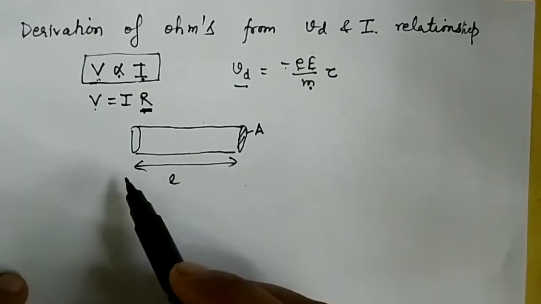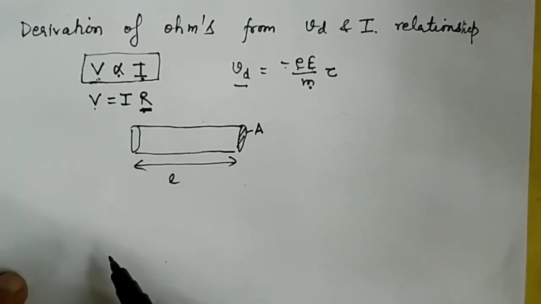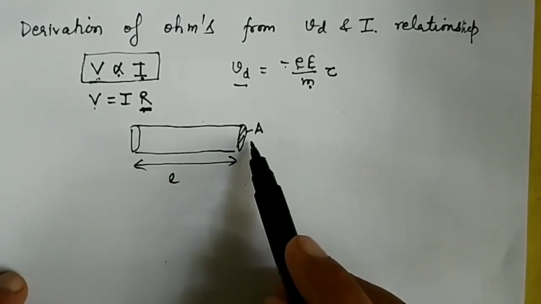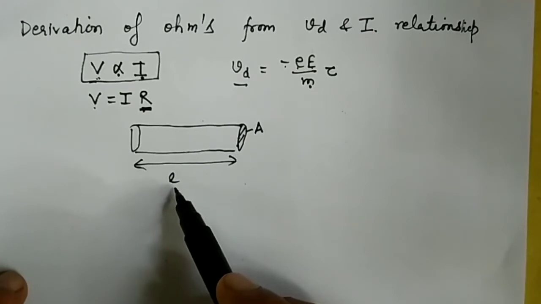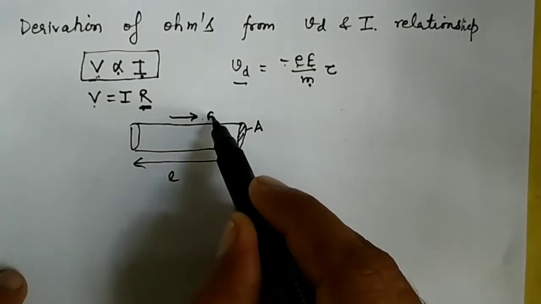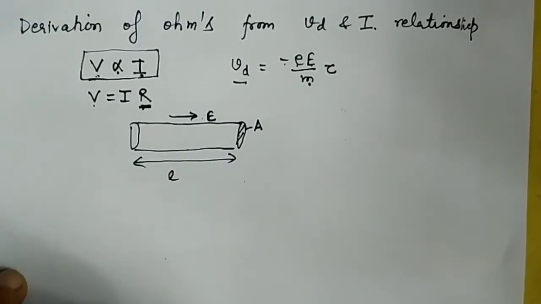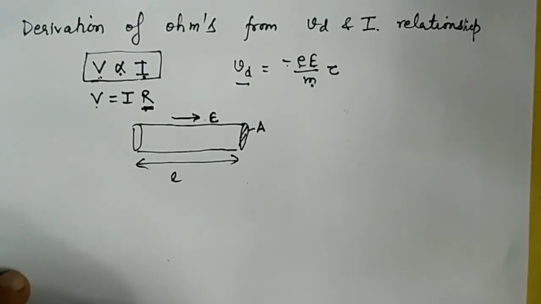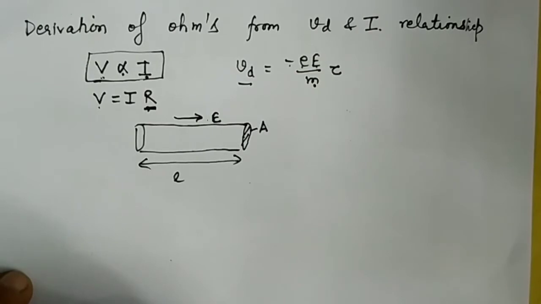For a particular conductor, I consider one section of conductor having area of cross-section A and length L, and E is the electric field which is developed because of the battery we have attached across this conductor.